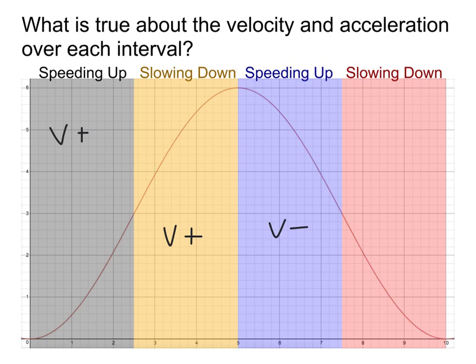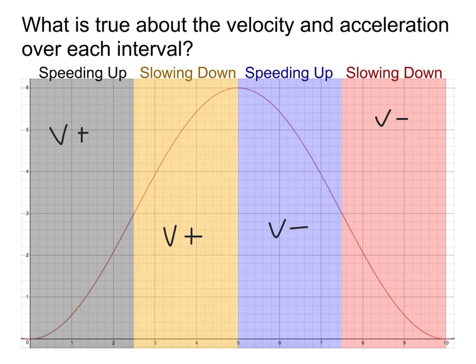And in the last interval, when it's slowing down here, what's my velocity? Is it positive or negative? Negative. My velocity here is negative. So notice, there doesn't seem to be any direct connection between whether we're speeding up or slowing down and that velocity sign. Okay, now let's look at the acceleration.